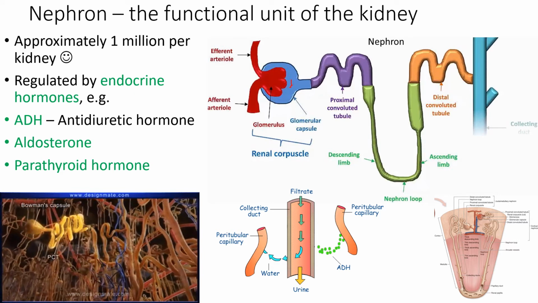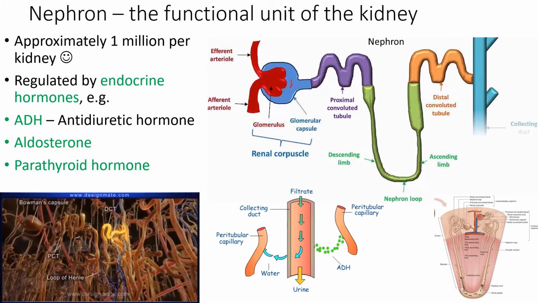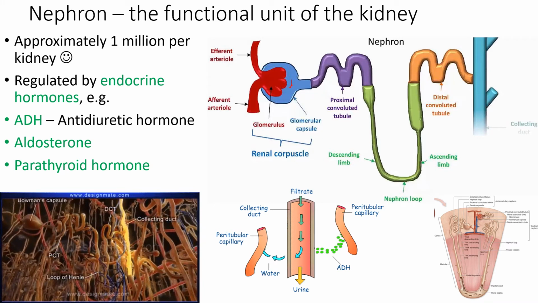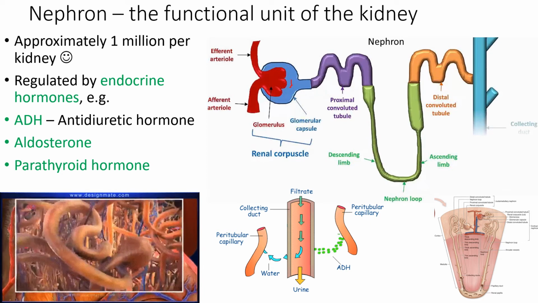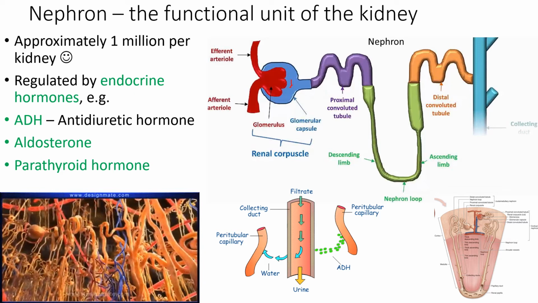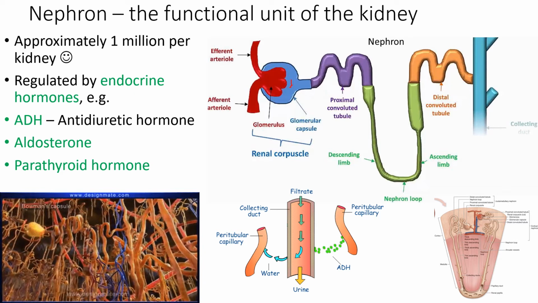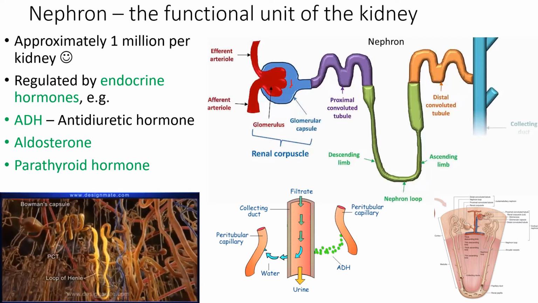Aldosterone is released by your adrenal glands. It's released by the adrenal cortex, and aldosterone helps with the reabsorption of salt. Okay, so if you have more aldosterone around, you will reabsorb more salt. Now, what's the point of that? Well, in order to maintain a nice osmotic balance in your blood, you need appropriate amounts of water to make sure you either don't become too salty or not salty enough.